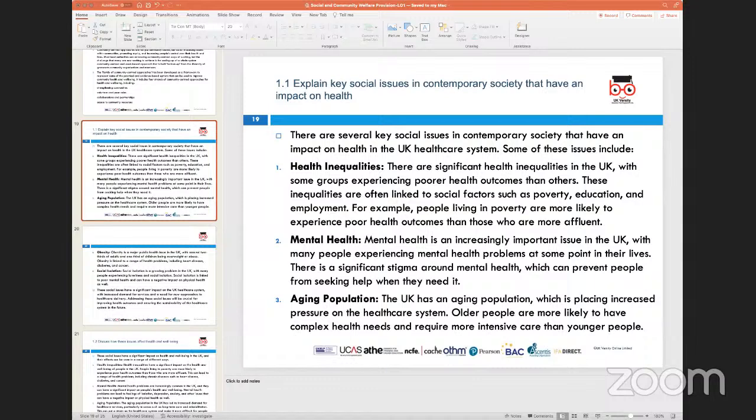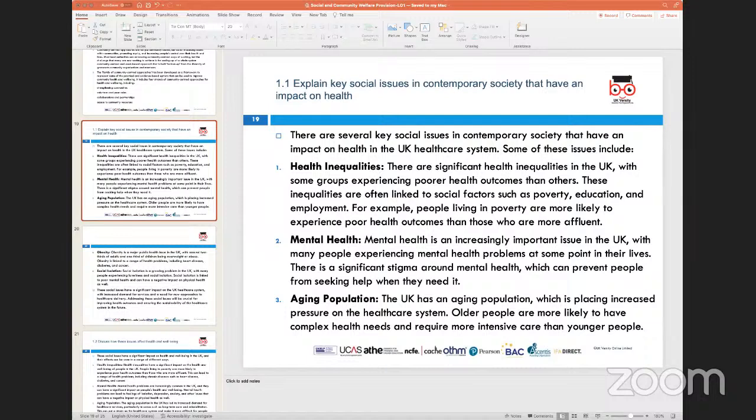Now, this is an inequality, because it evidences a pattern where people do not get equal services because they come from a particular neighborhood, and they do not have access to healthy food or a safe environment. In some cases, this can then contribute to healthcare inequality.